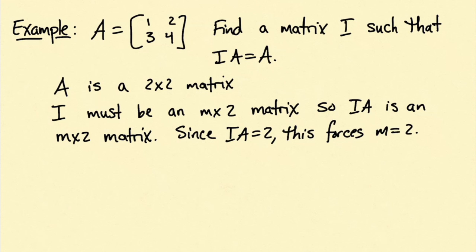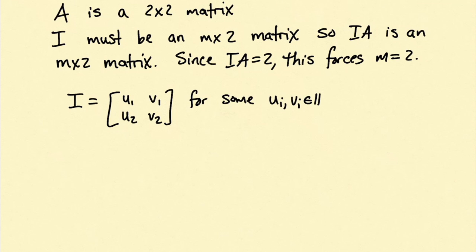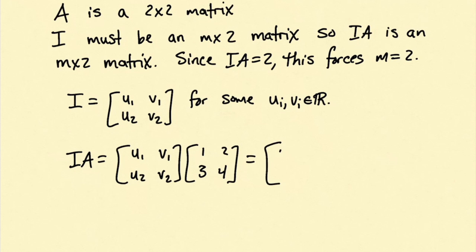This allows us to think about the matrix I as a matrix with 2 columns, each being 2-dimensional vectors. So I is a 2 by 2 matrix with columns (u1, u2) and (v1, v2). If we write out the product I times A, then because this example is small, we can easily write down the resulting matrix.